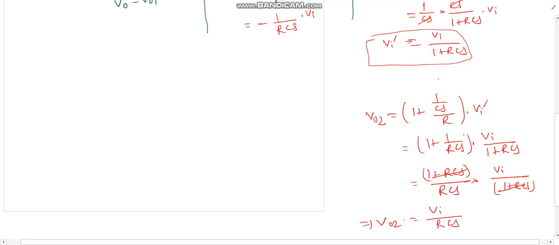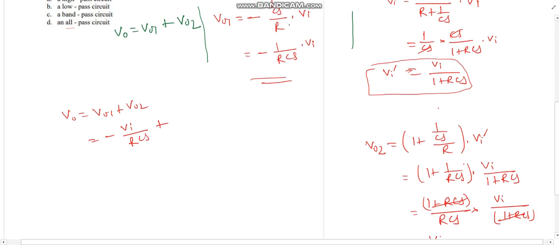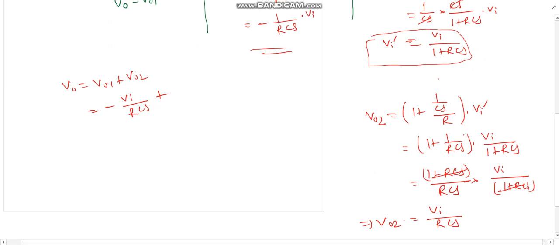Now the total output voltage, as we wrote before, V0 equals V01 plus V02. The V01 value we calculated is minus Vi by RCs, plus the V02 value we calculated, Vi divided by RCs.